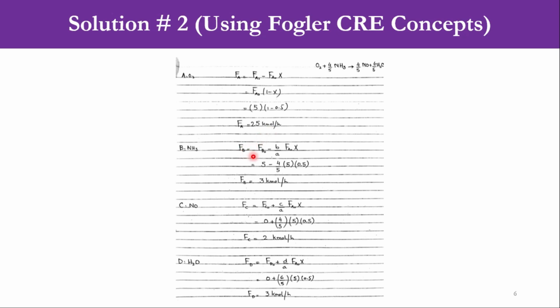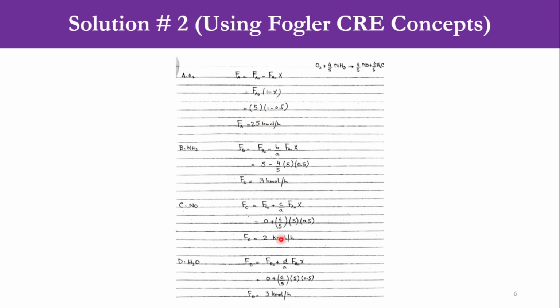For ammonia, FB0 minus b over a FA0X: FB0 is 5, b is 4, a is 5, FA0 is 5, X is 0.5, accordingly we get the answer of 3 kmol per hour. FC0 plus c over a FA0X: 0 plus 4 by 5 into 5 into 0.5, the answer is 2, and similarly for water it is 3.